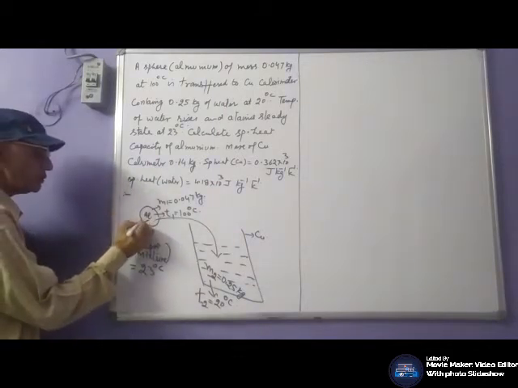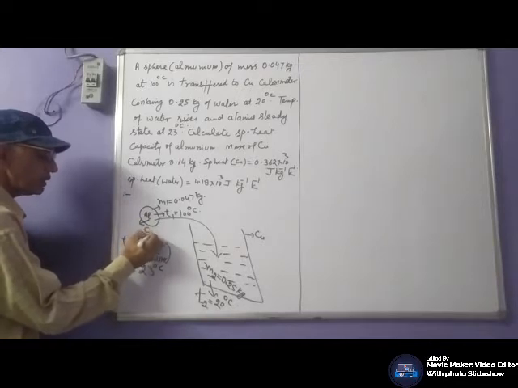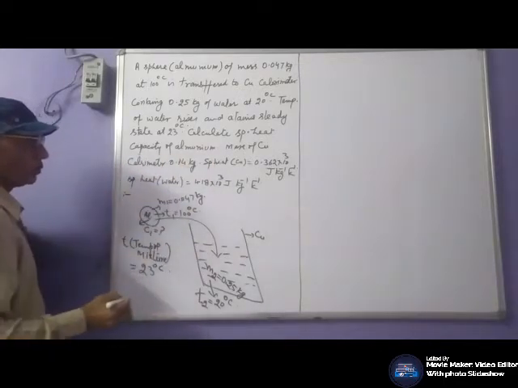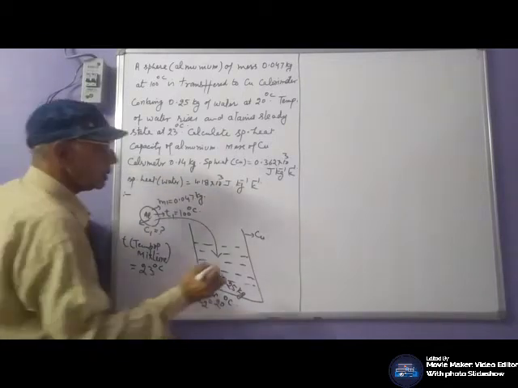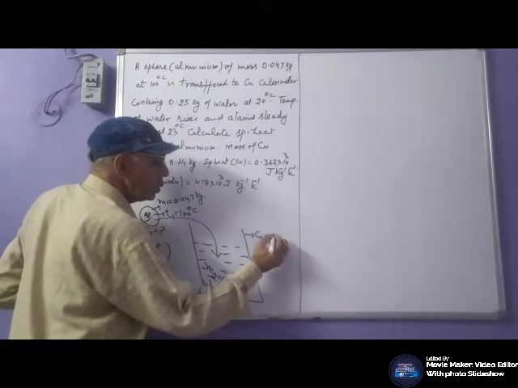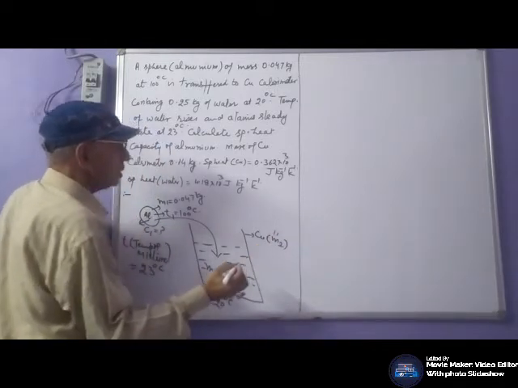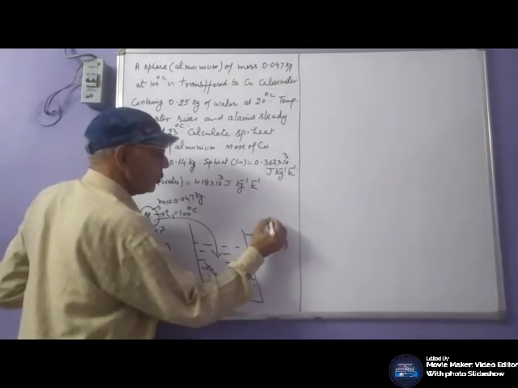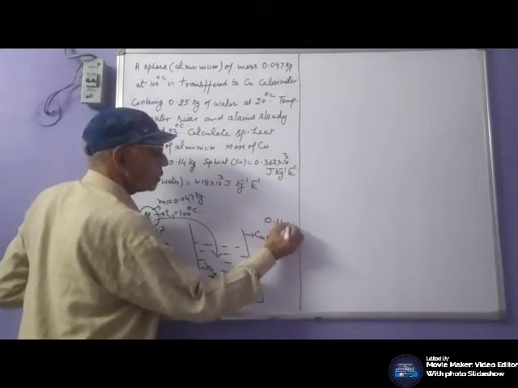Calculate the specific heat capacity of aluminium. Mass of the copper calorimeter, say M3, is 0.14 kg.